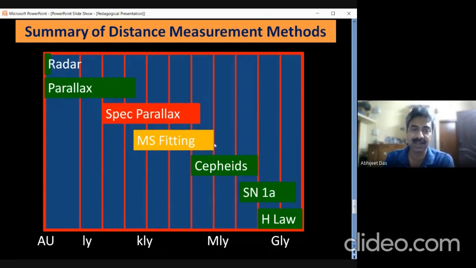Then main sequence fitting is also a part of it, and then we have the Cepheid variables as standard candles for still further distance, and then the supernova type 1a, and finally Hubble's law.